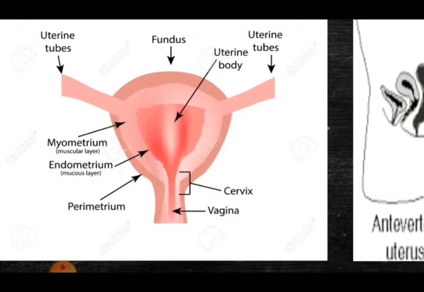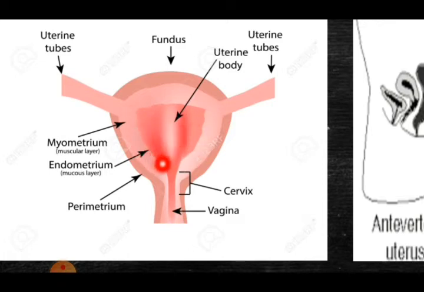Once again, when we look at the uterus in a coronal section from the anterior aspect, we divide the uterus into different parts. First of all, this dome shaped part is called the fundus of the uterus. This narrow part here is called the uterine body, and then there comes the cervix.